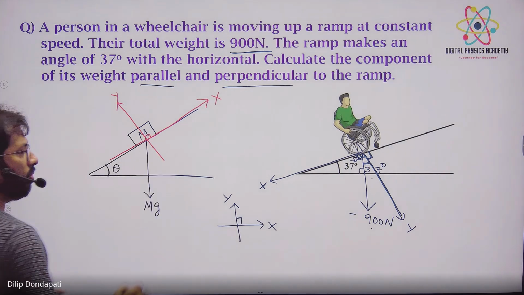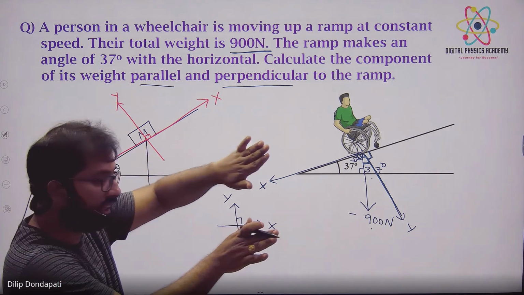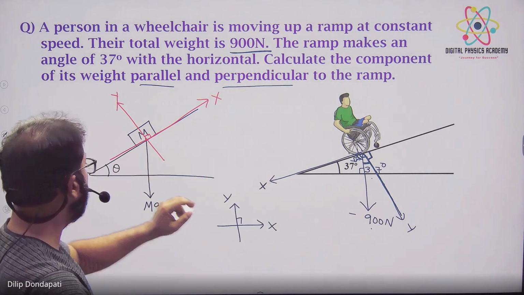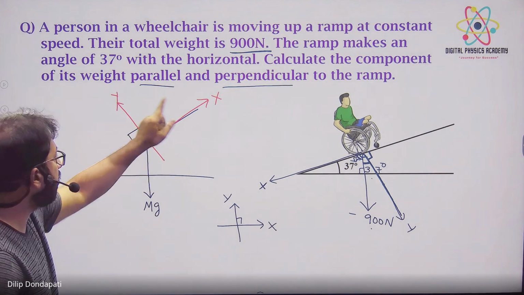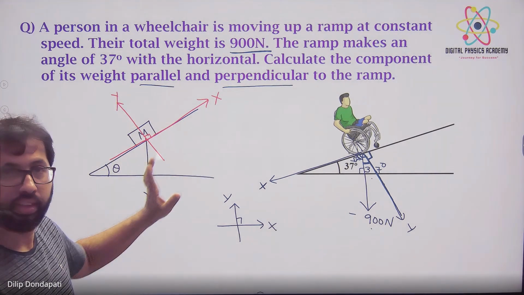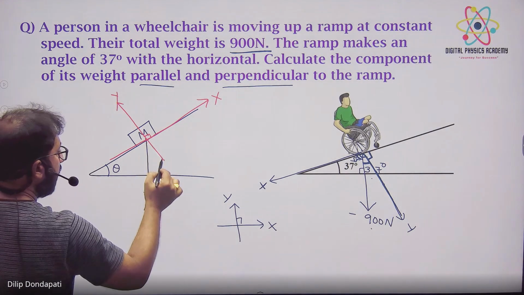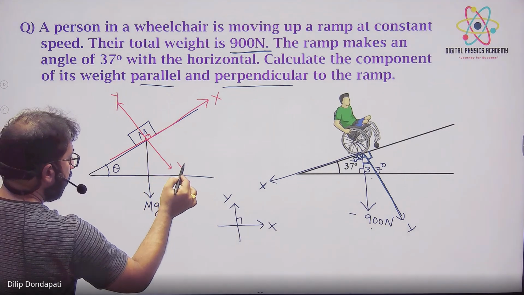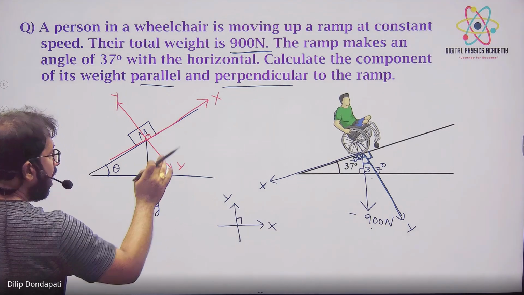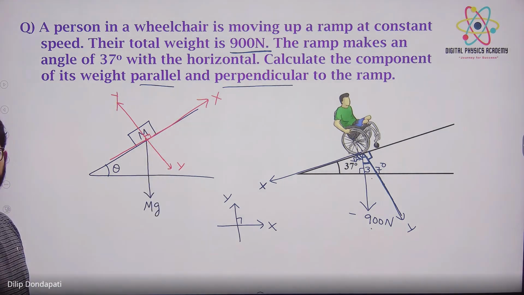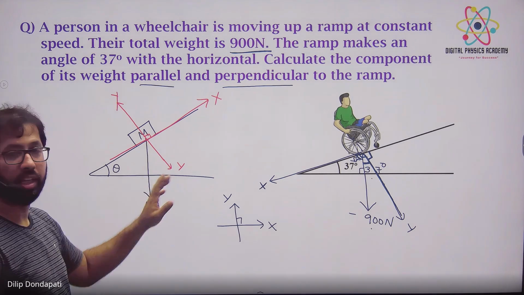You can change the axes any way, but the condition is that x and y should be perpendicular. Now I want to resolve this vector along the x direction and y direction.